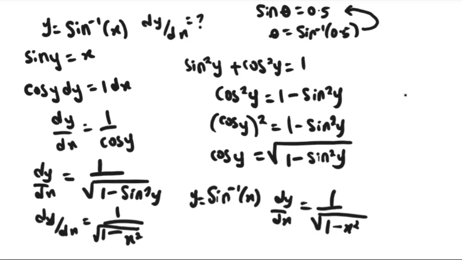So now let's also try it for the cos inverse of x, and we'll also try it for the tan inverse of x. It's just going to be the same approach. If our y is equivalent to cos inverse of x, it means that cos y will give us x.